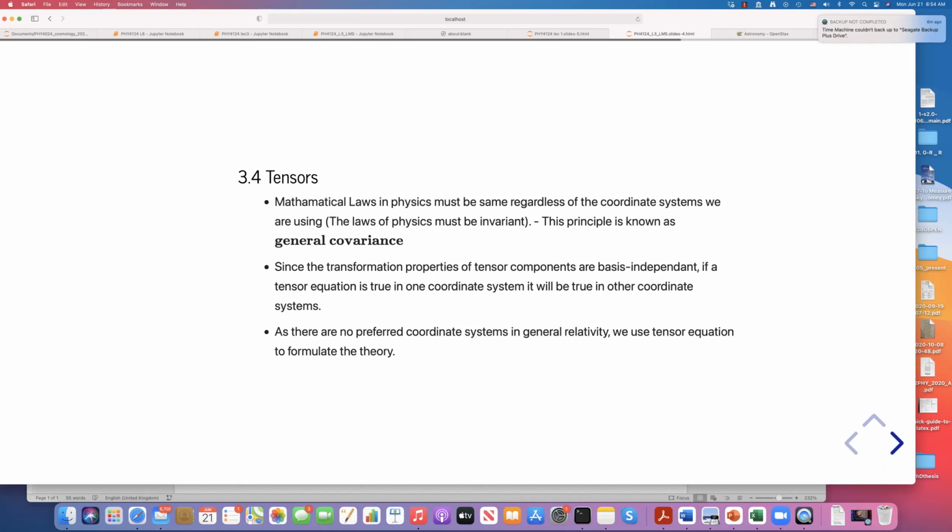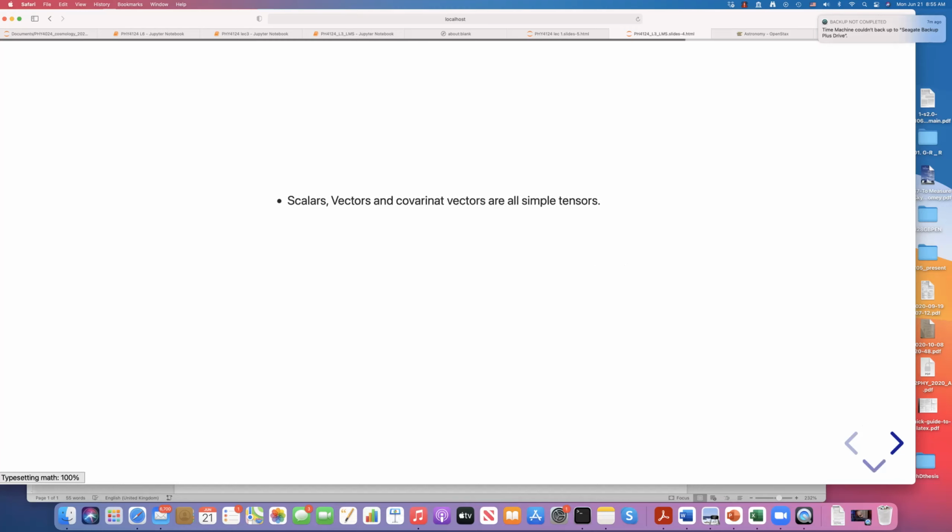But depending on the geometry of the problem, some coordinate systems seem easier to work with. But for general relativity, there are no preferred coordinate systems. We use tensor equations to formulate this theory of general relativity, and you will see how we work with tensors in coming lectures.